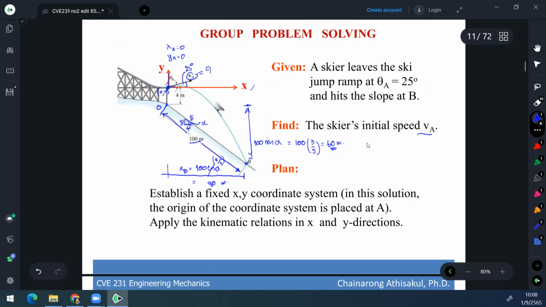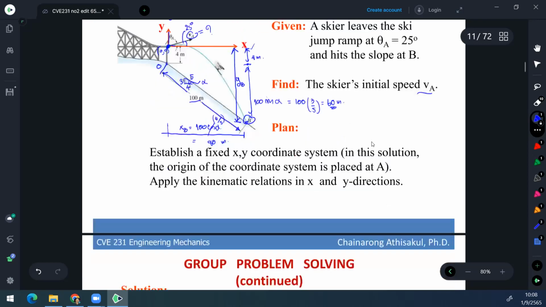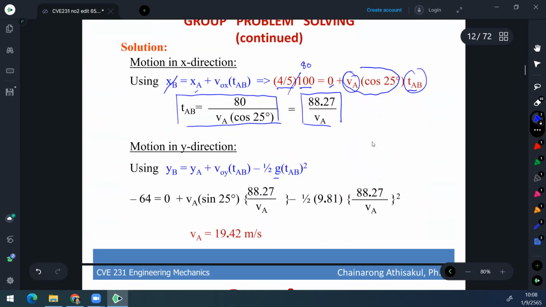And because we set up the origin over here, we have to add the vertical distance of 4 meter to the 60 meter in order to find the position YB. This is the position YB with reference to the x-axis. So YB is minus 64.